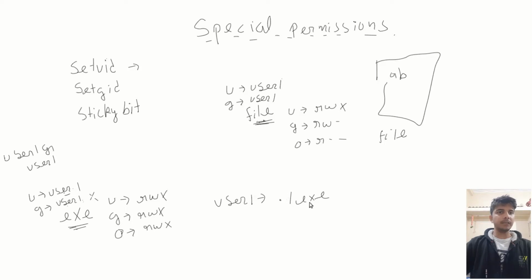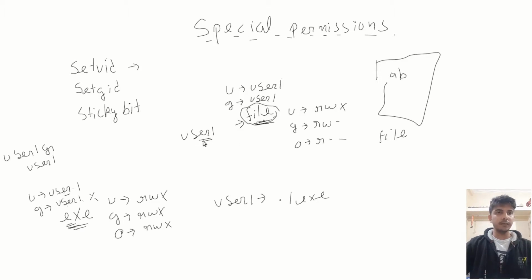Now when I am executing this file, it will interact with the file. The file will see who is trying to access it. It will see that user1 is trying to access it, because this file has been opened by user1, and all the subsequent files that are opened with this executable will also automatically be opened by user1.